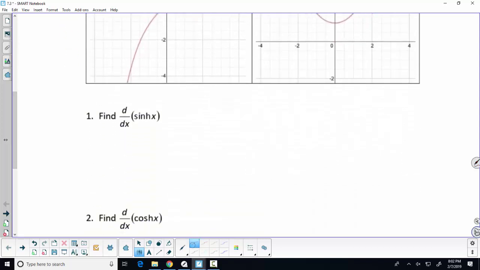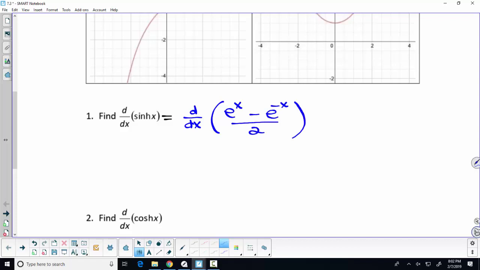We take the derivative of sinh. That's equal to the derivative of e to the x minus e to the negative x over 2. So what is the derivative of all of that?